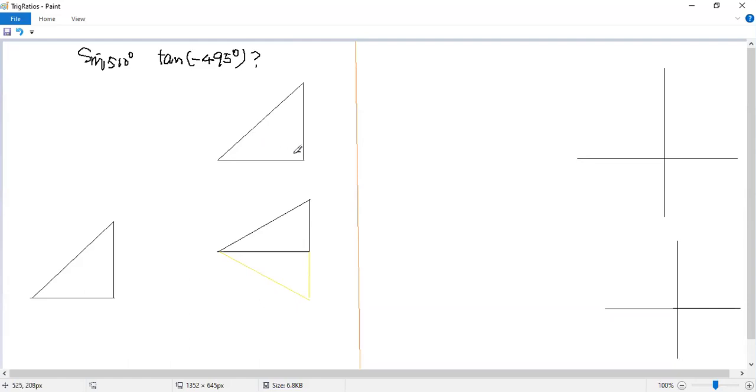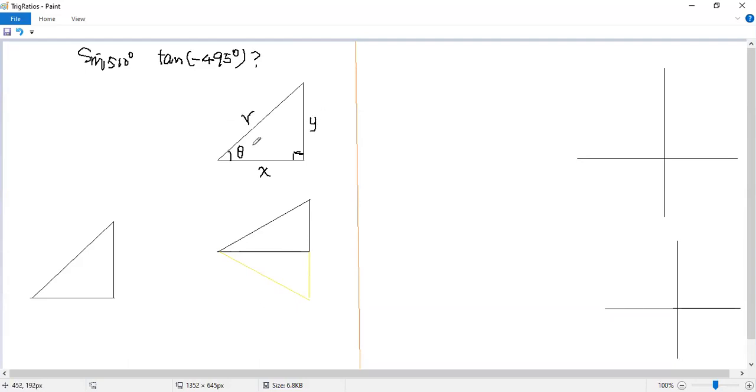Given a right triangle, we consider this angle theta. We denote the adjacent side x, opposite side y, hypotenuse r.